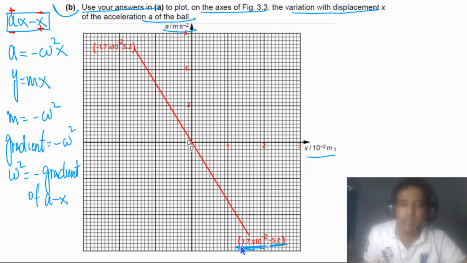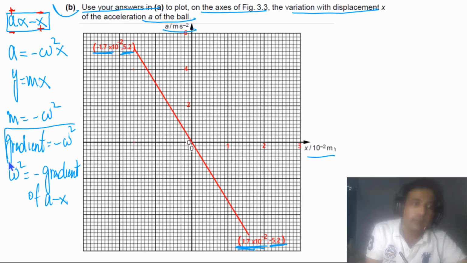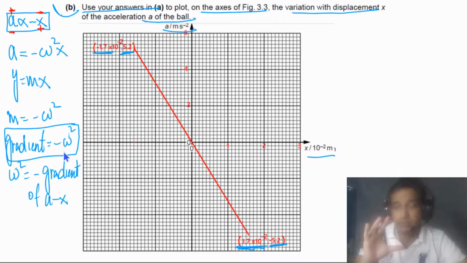So this has to be negative because x is positive, and when x is negative 1.7, a has to be positive 5.2. So it has to be a straight line, and the gradient has to be equal to negative omega squared. This is very important, and omega is constant, so the gradient has to be constant.